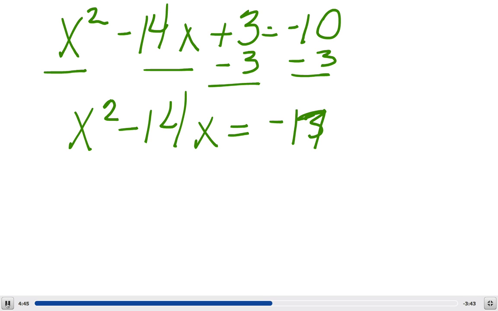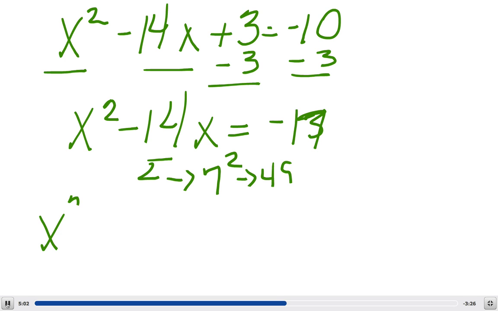Well, I want to get it so that I can complete the square. So I'm going to divide by 2, which is going to give me a 7. If I square my 7, that's going to give me a 49. So that means that I can rewrite and say x squared minus 14x plus 49.